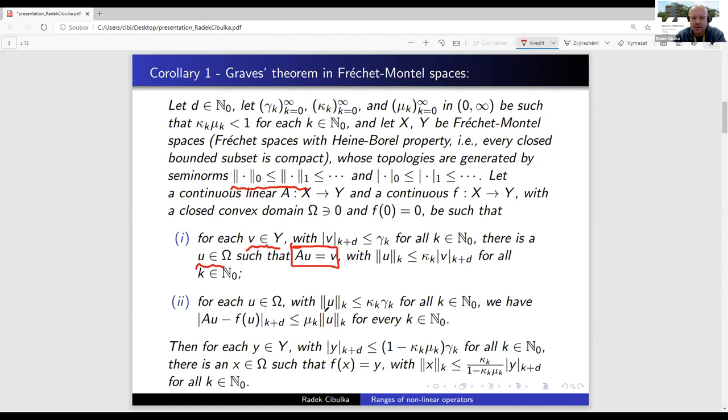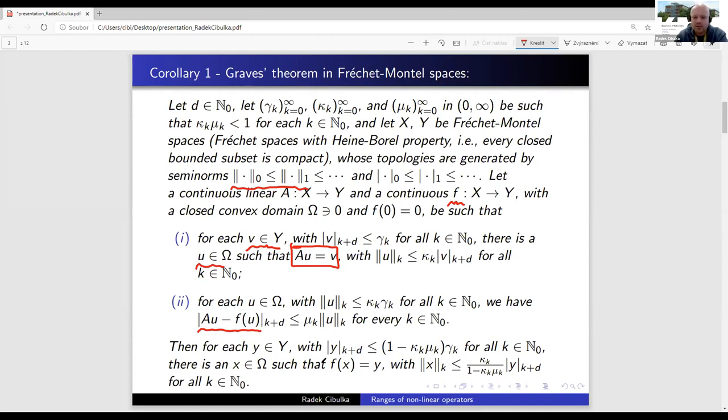Then you have a second mapping, the nonlinear one, which is continuous and such that the approximation of f by the linear mapping is very good. For example, this goes back to Graves' theorem and so on.